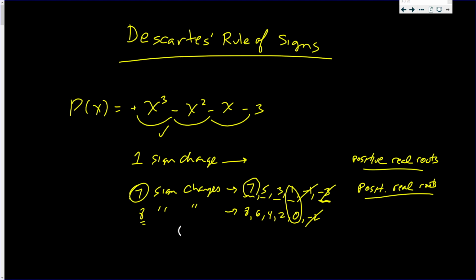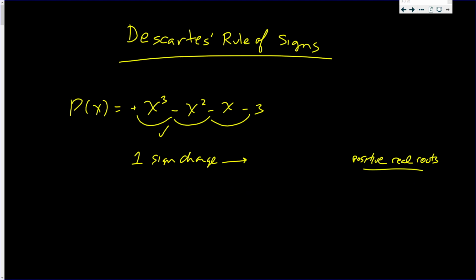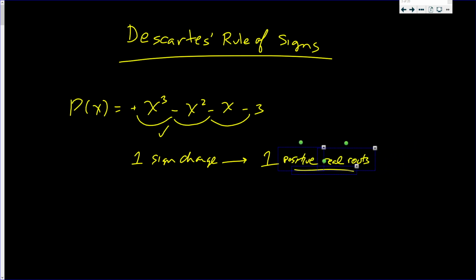In our case, we only have 1 sign change. So there is only 1 positive real root, because I can't go down 2. Now, let's look at P of negative x. That is, wherever I see x, I put negative x.